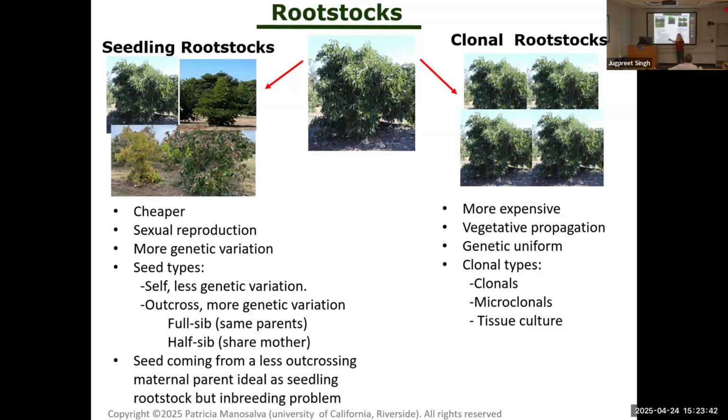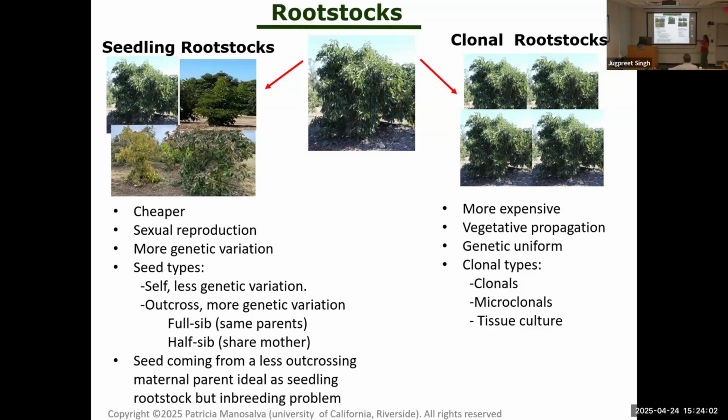And within outcross, you can have seedlings who are half sister and brother, which are called half-sibs, or you will have seedlings that came from the same mommy and daddy, which we call full-sibs. Okay.